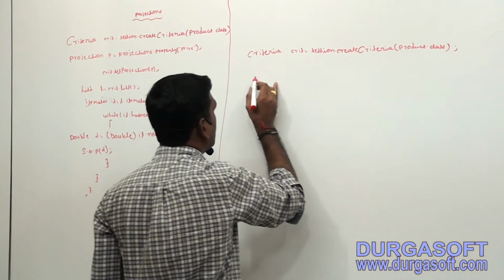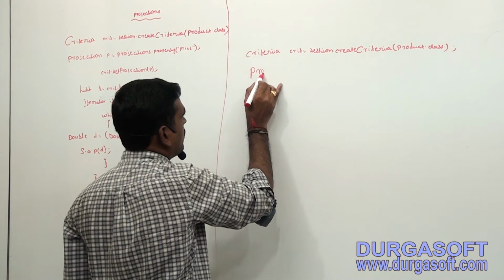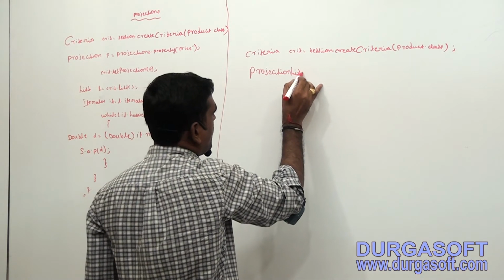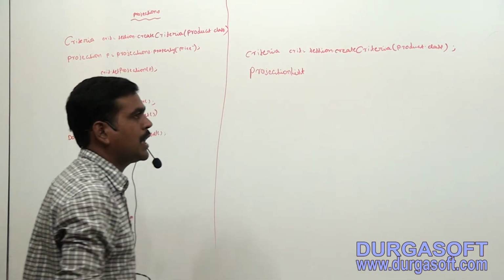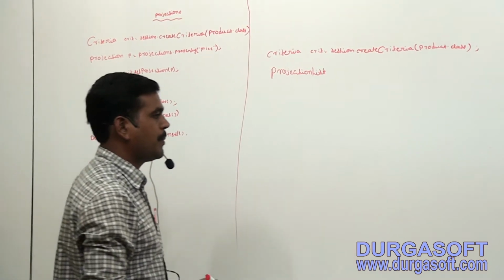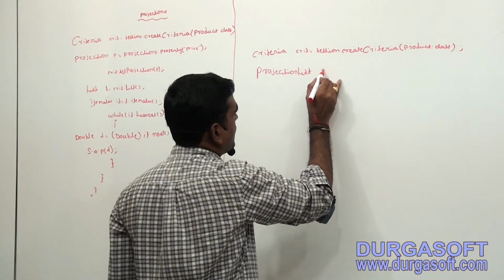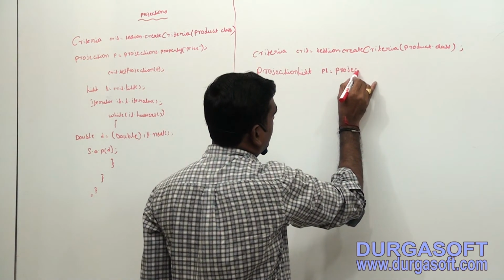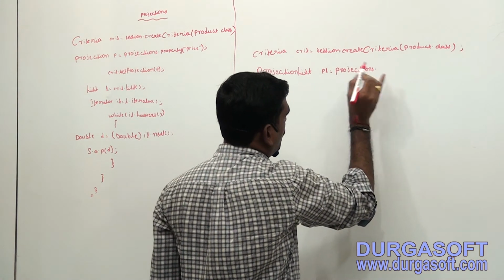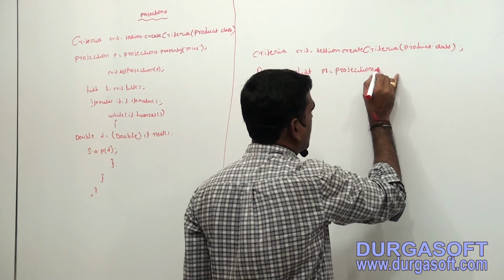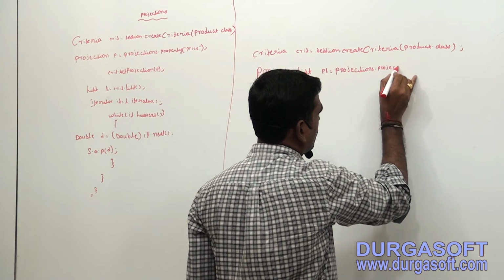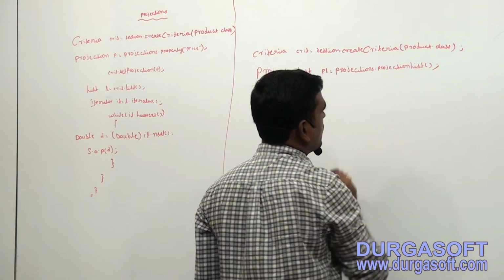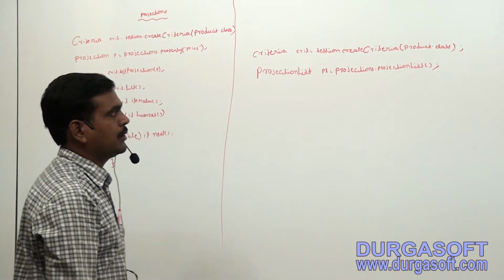The next, we need to get the ProjectionList object. ProjectionList is an interface available in the org.hibernate.criterion package. ProjectionList PL is equal to Projections dot projectionList. This is the predefined method given by the Projections class only.